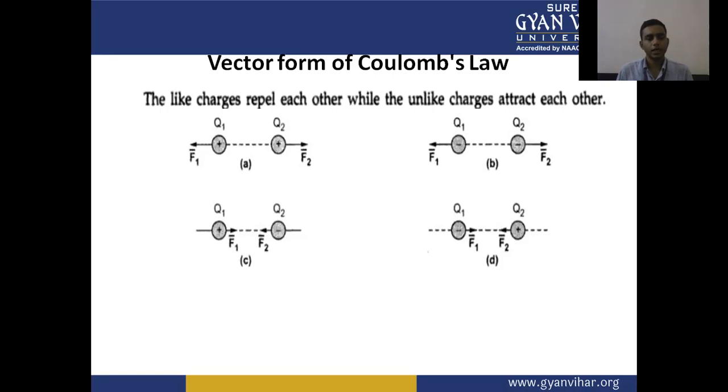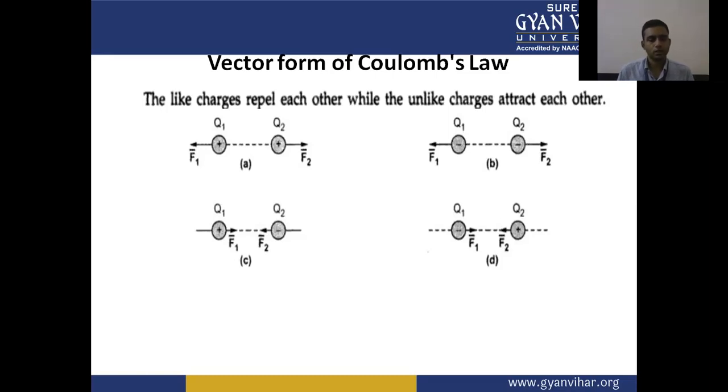These are like charges, so they will repel each other, so the force will go outward. In the case of B, it is also like charges, so they repel each other. In the case of A and B, the force F1 is equal to minus of F2.